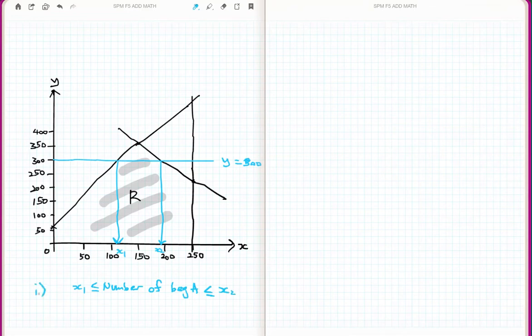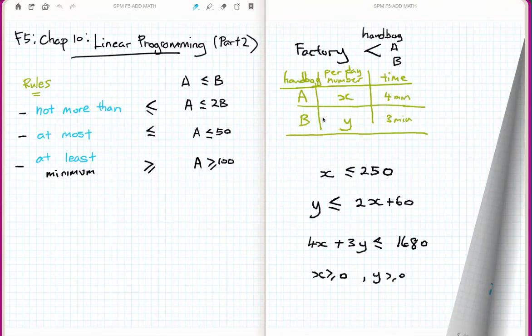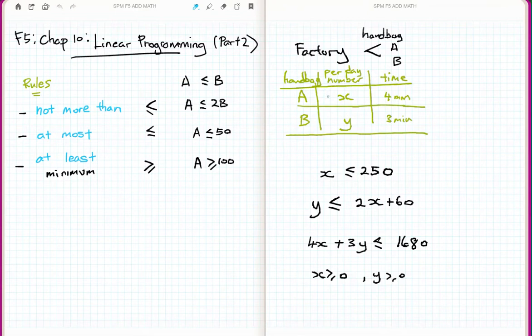Then another part would be they ask you to find the maximum profit of a factory if profit from sales of A and B are 25 and 20. So what you can do, you need to go back to your table.